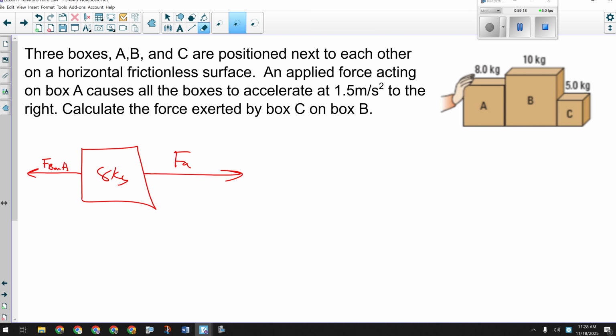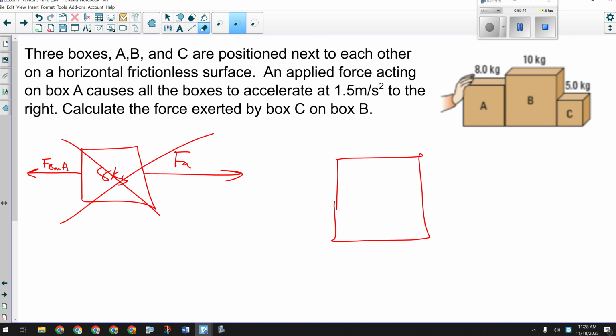What I mean by that is when we talked about the astronaut and the ship, the force exerted by the astronaut was the action. The force exerted by the ship was the reaction, and those forces were the same, but opposite in direction. So we can always look for an action-reaction pair. Box A is not going to help me.